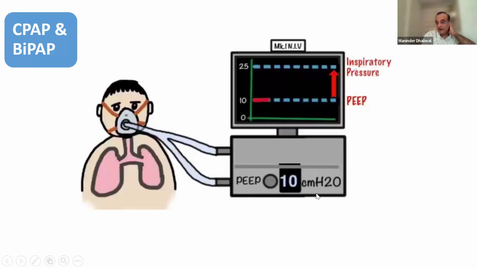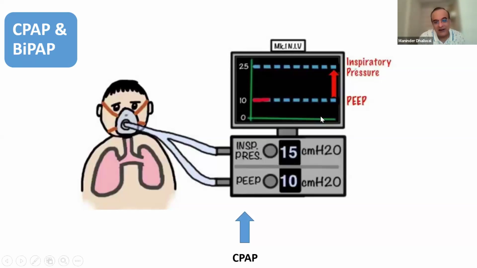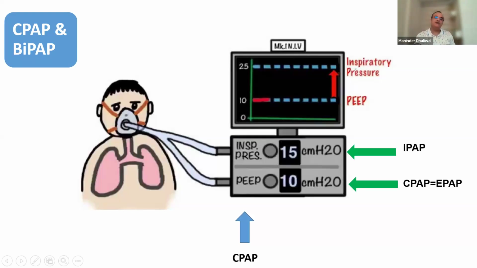So this is just to tell you a baseline PEEP of 10 is there throughout the inspiration and expiration, whereas whatever is the IPAP is a support given only during inspiration, not during expiration. So just a PEEP of 10 is just CPAP. But once we apply an inspiratory pressure of 10, then the total pressure becomes 25. So that becomes IPAP, whereas CPAP can be EPAP in a BiPAP machine.